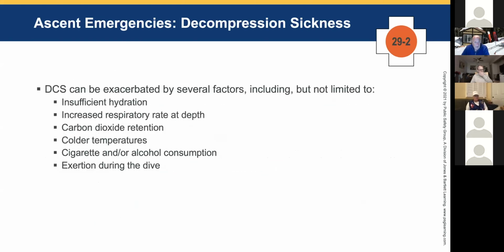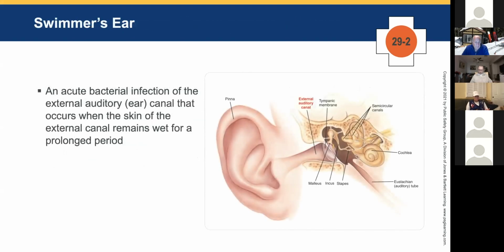We talk about DCS, decompression sickness, could be made worse by insufficient hydration, increased respiratory rate at depth, carbon dioxide retention, colder temperatures, cigarettes or alcohol consumption, exertion during a dive. Let's talk about this.